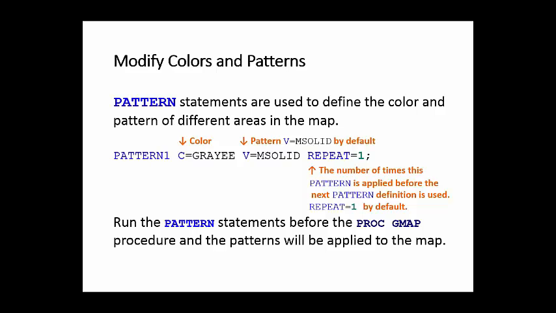For multiple patterns used in different areas, you can either use the repeat equals option to repeat the same color and pattern for different areas, or use multiple pattern statements to state each of the patterns you want for each area. Once we run the pattern statements before the proc gmap procedure, the patterns will be applied to the map.